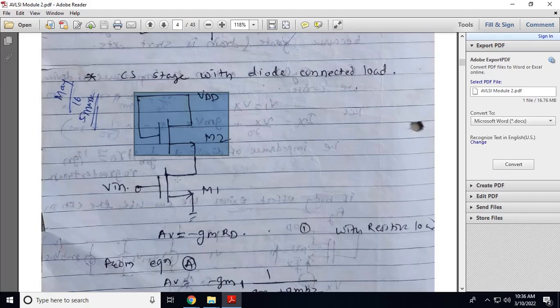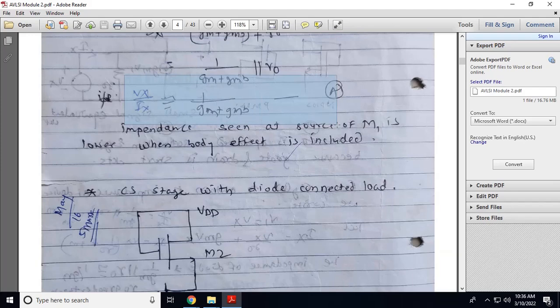So we know the voltage gain equation for a resistive load: the voltage gain is equal to minus Gm into RD. Gm is the transconductance of the input device, that is M1. RD is the load in case of a resistive load.